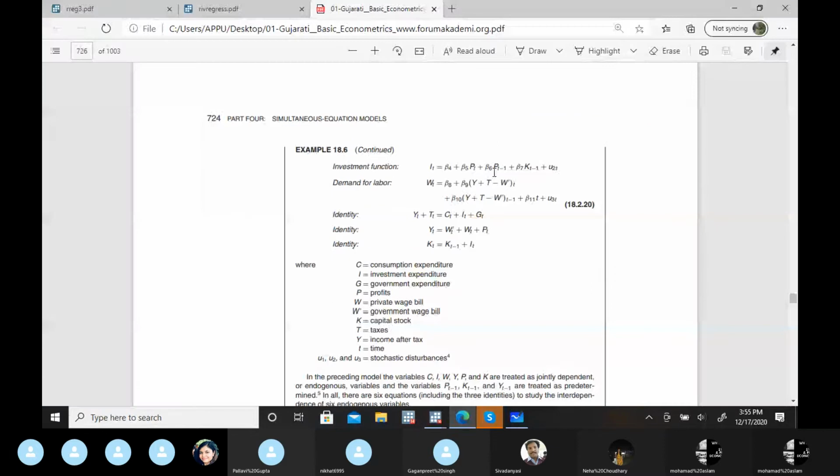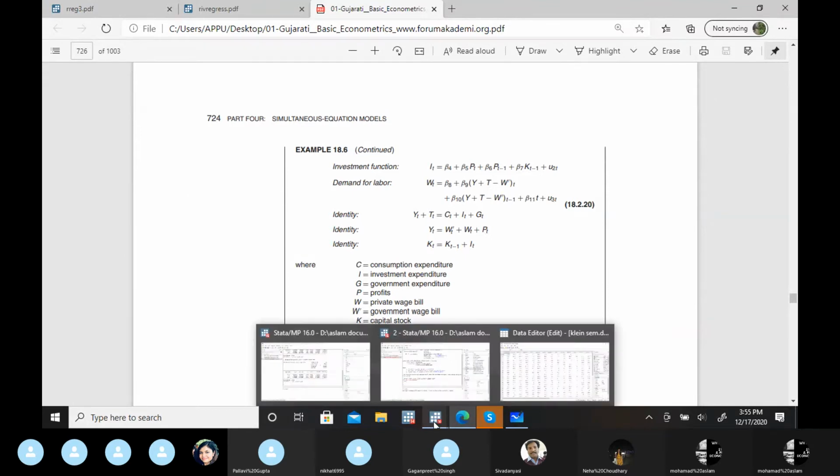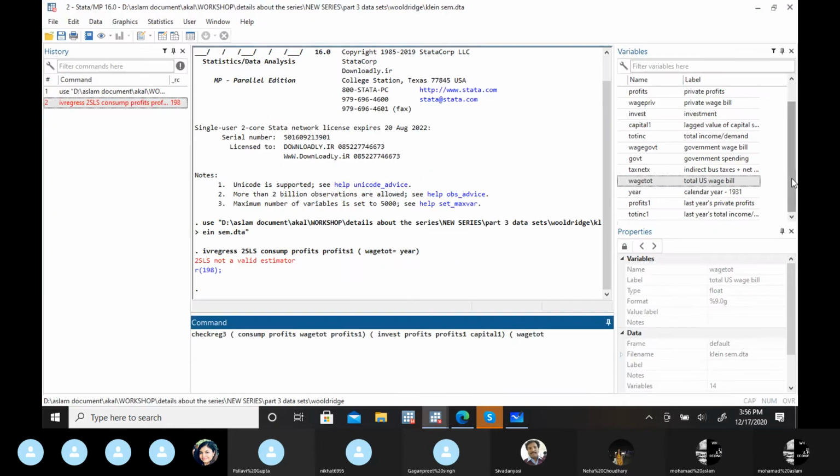First we have to generate these variables. I think it's not given that income plus tax minus government expenditure. Is there any variable for that? No. So first I have to generate.